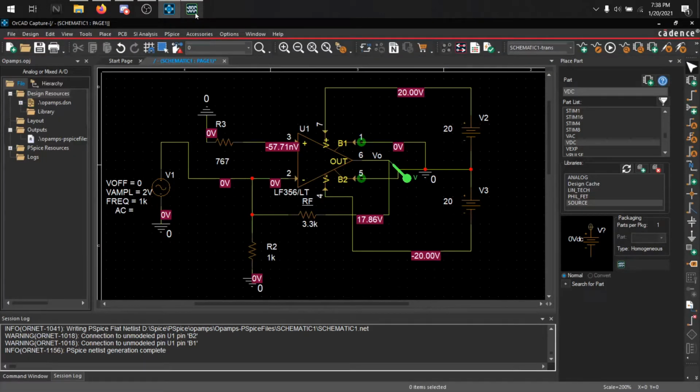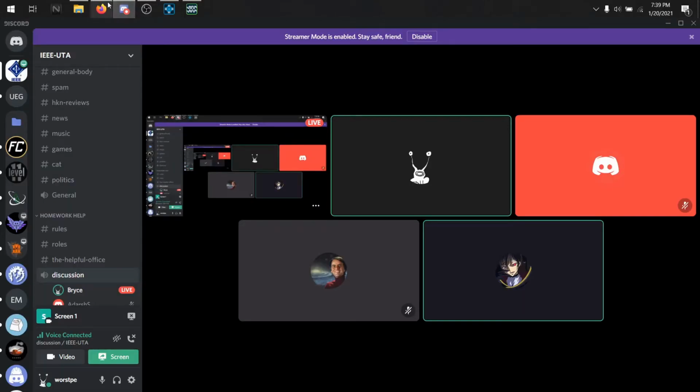Whoa. What did I do wrong? What made you choose R3 to be that particular number? Oh, because I wanted it to be balanced.